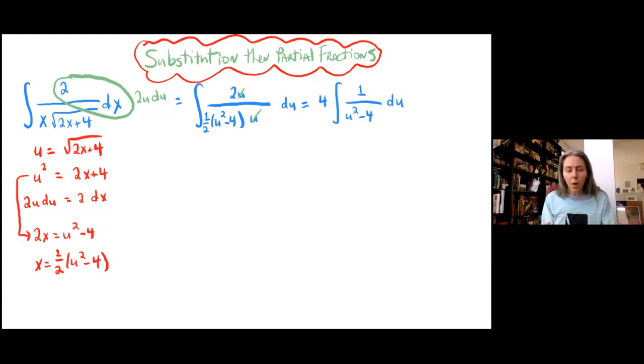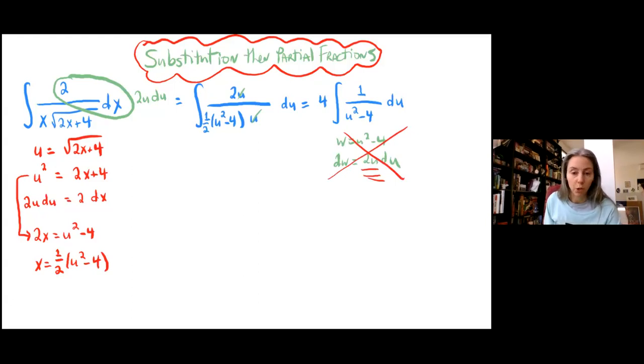All right, so now we have a polynomial over a polynomial. It's not a known form, so we can't just write down the answer. Substitution, I would need a u on top for the substitution to work. I would say w is equal to u squared minus 4, dw is equal to 2u du. I need that 2u. I don't have it, so that substitution does not work.